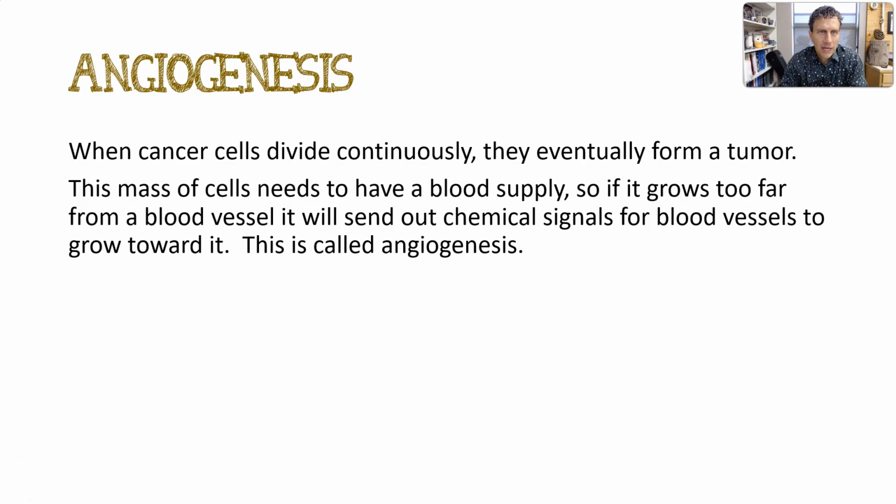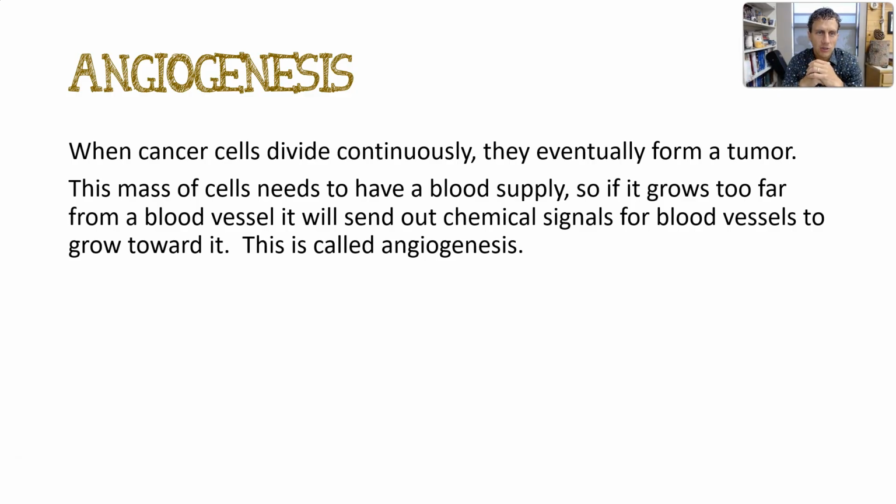Next, angiogenesis. Our next big word, big idea regarding cancer. Cells need a blood supply. They need oxygen, they need nutrients, they also need blood vessels to take away wastes.